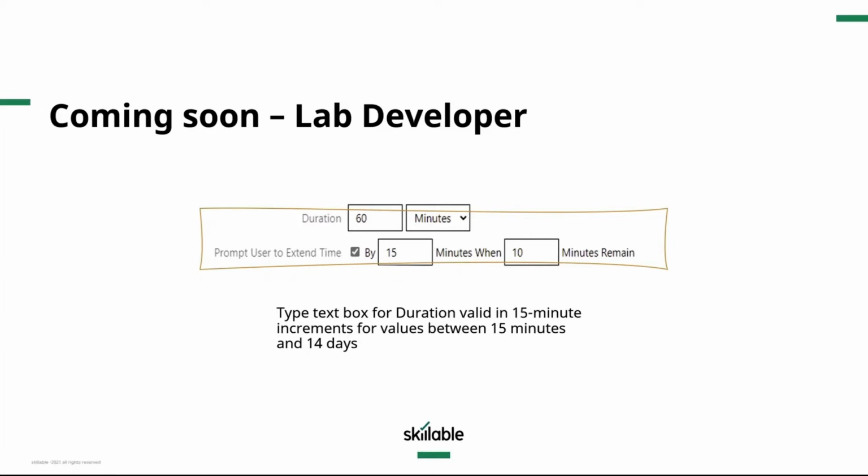So you can put a range in there from 15 minutes all the way up to 14 days for the lab duration, within 15-minute increments. You will notice by the time you come back on Monday, this will have changed. So the UI will be slightly different, just to give everybody that bit more flexibility rather than a drop-down box.